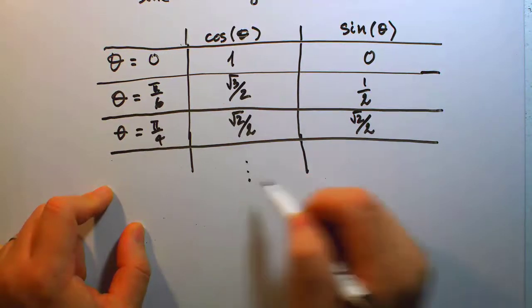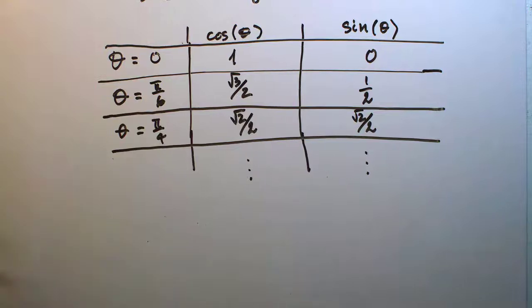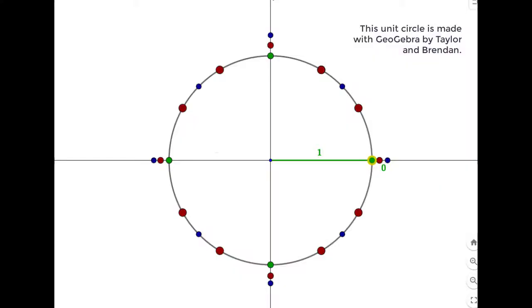And now let's look over to the unit circle that I have on the screen here. Just like how we were doing on the chart, looking at the unit circle, here is once again the angle being zero.